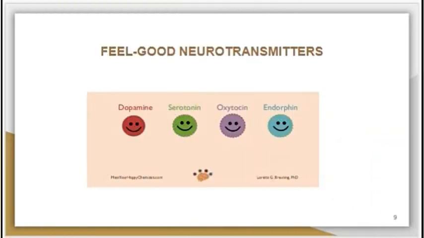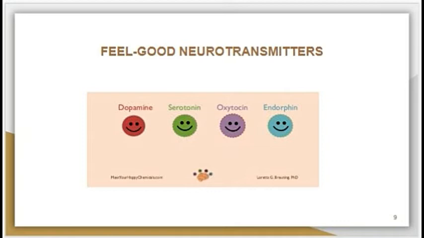We're going to look at feel-good neurotransmitters, all these chemicals that I'm talking about. There are very specific neurotransmitters or chemicals that the brain releases that can help us to experience a more empowering, positive, hopeful state of mind and emotions. The four main ones we're going to look at are dopamine, serotonin, oxytocin, and endorphin.